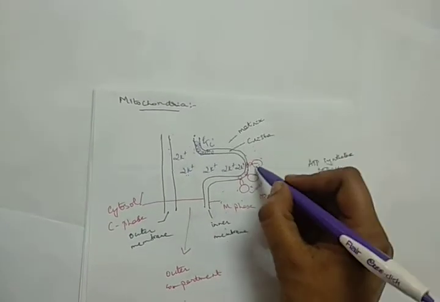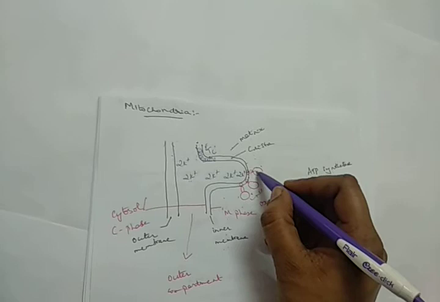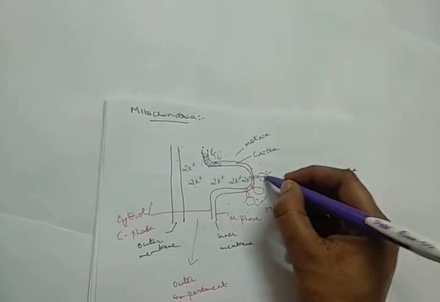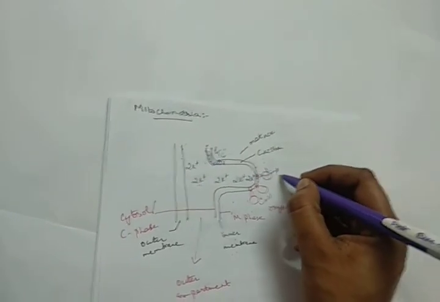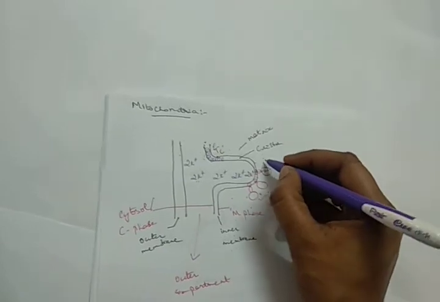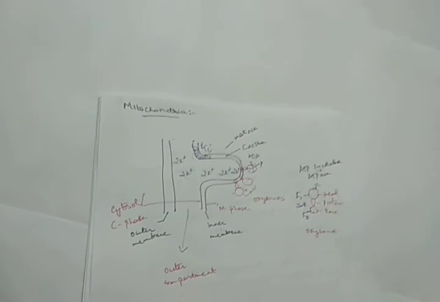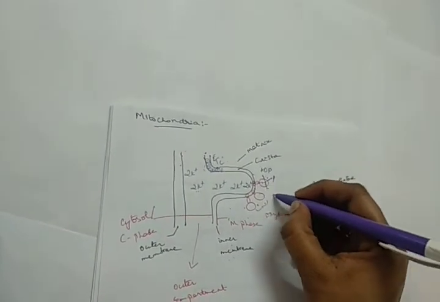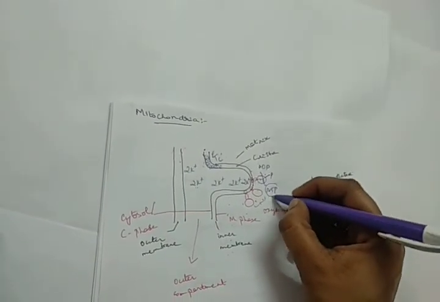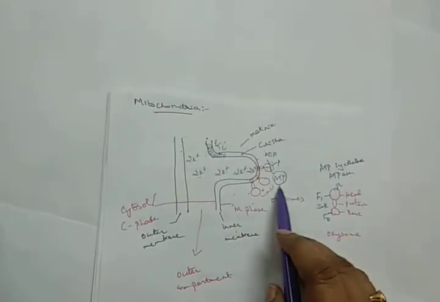So what is this enzyme going to do now? This enzyme is going to utilize the inorganic phosphate along with the ADP molecule, and it is going to give ATP. Synthesis is going to take place.